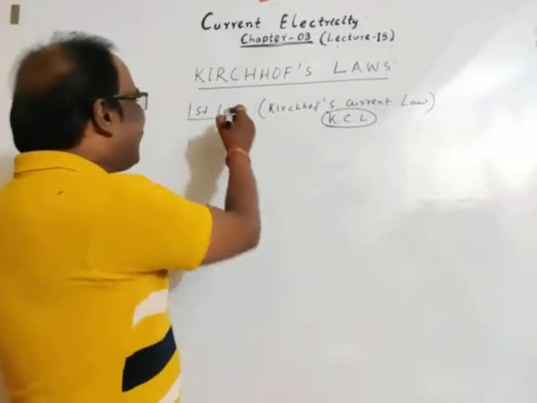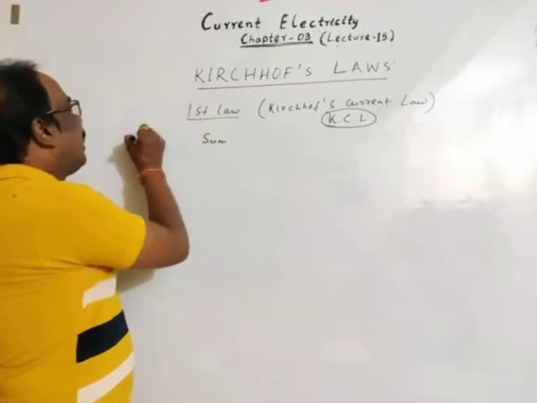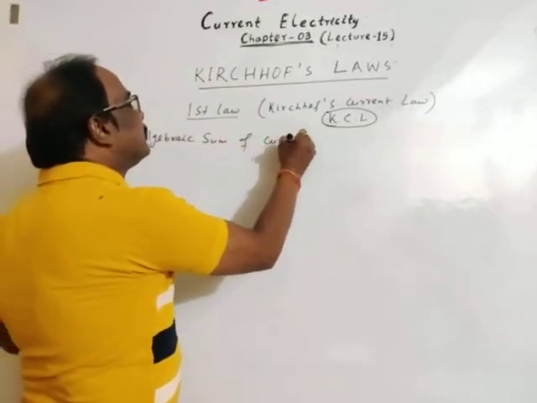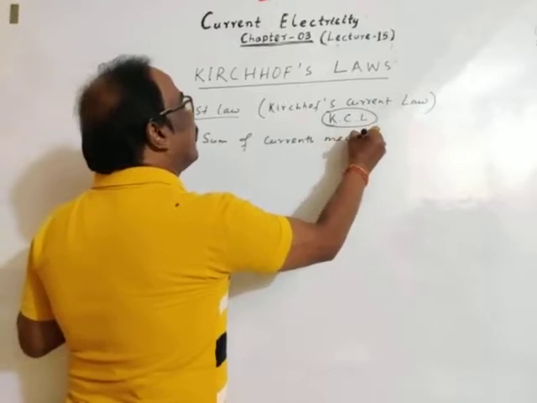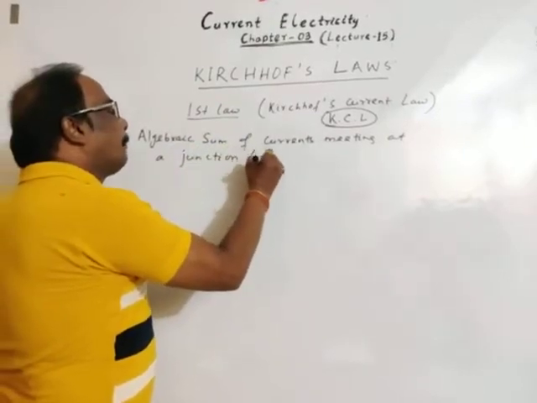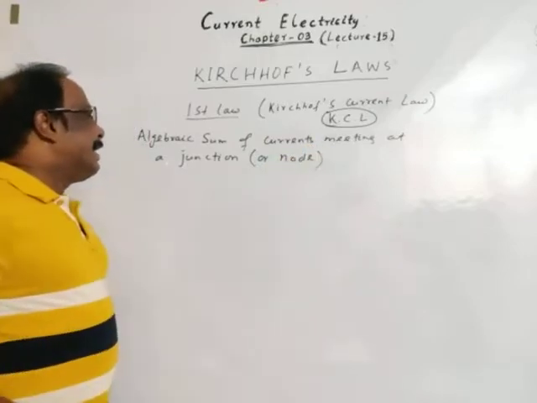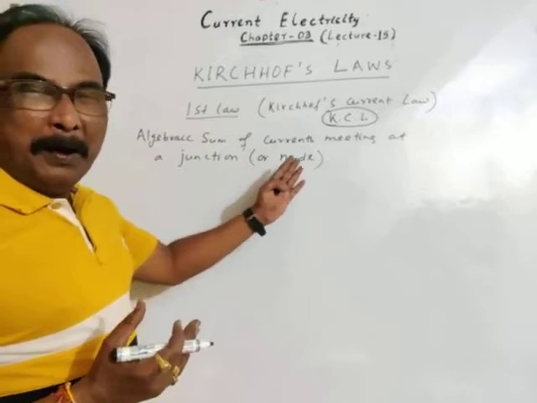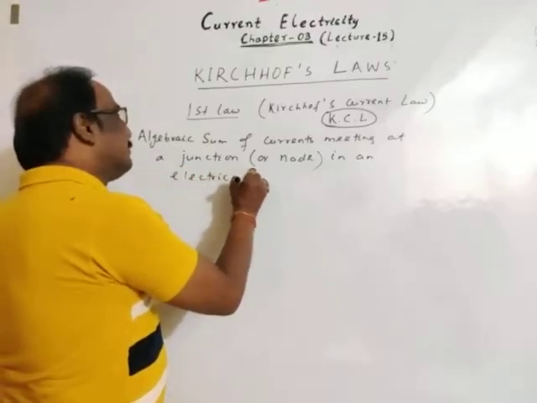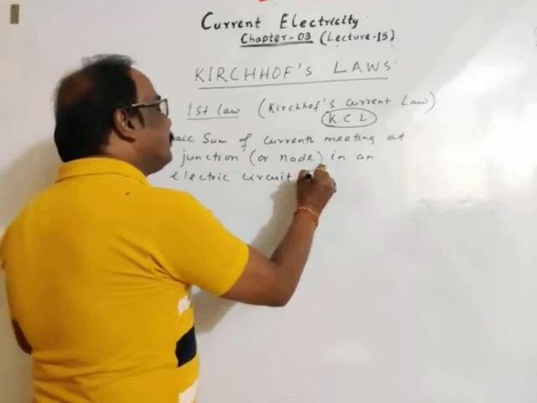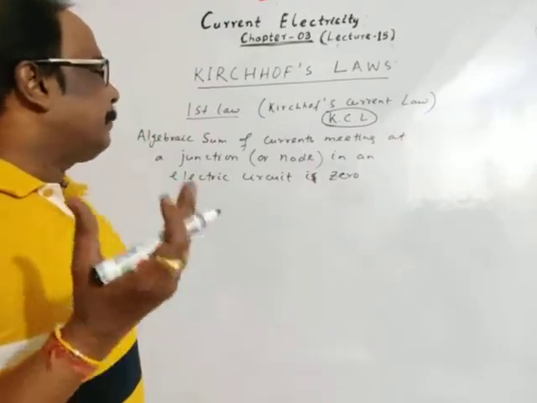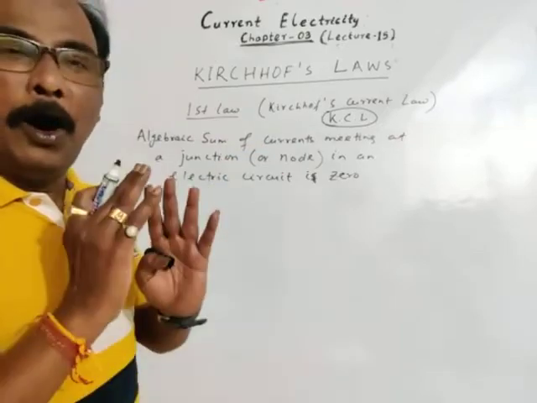According to Kirchhoff's first law, the algebraic sum of currents meeting at a junction, or junction may be called a node, in an electric circuit is 0.